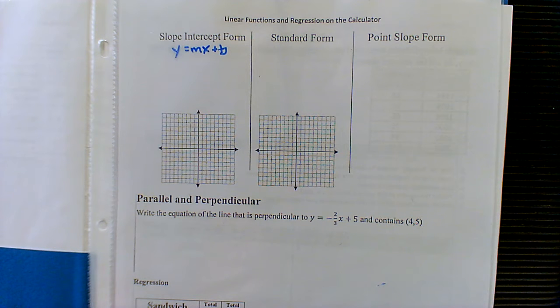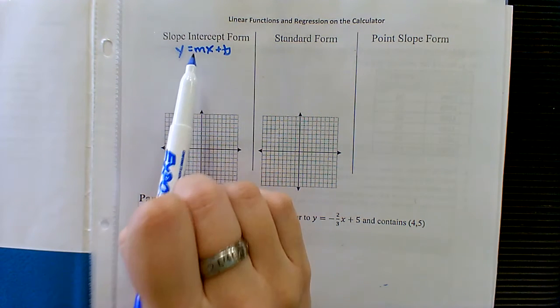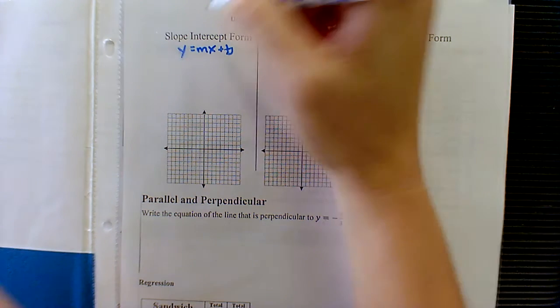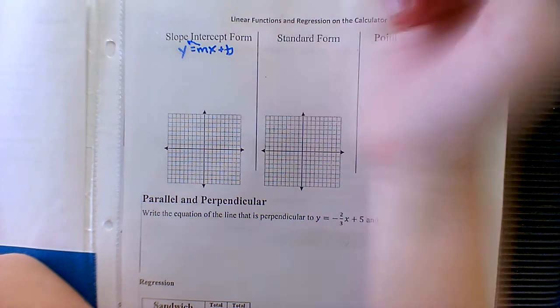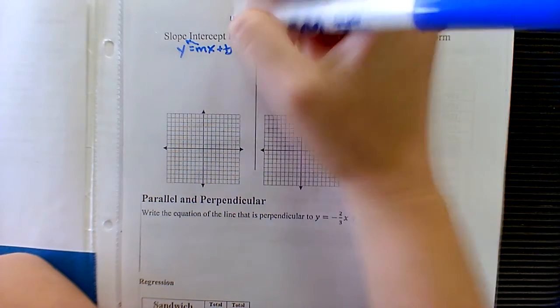Don't overanalyze these, okay? Mathematicians, they're not very creative. So if they call it slope-intercept form, you literally know the slope and you literally know the intercept, specifically the y-intercept. Do we remember which of m and b represents the slope or the y-intercept? The slope is m and the y-intercept is b.